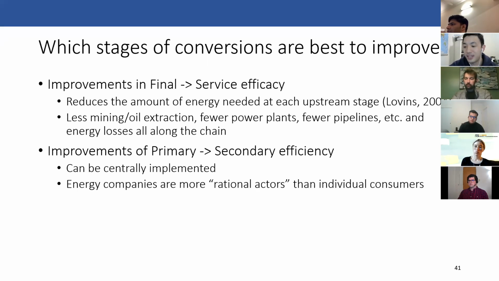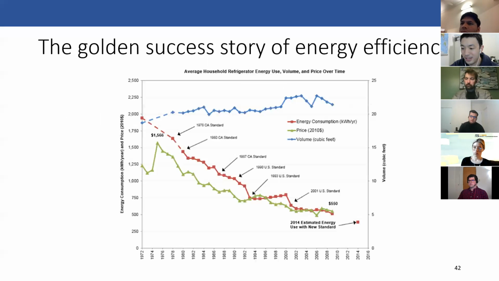One example that I always like to point out as the golden success story is refrigerators. Refrigerator technology is the thing that all other energy efficiency technologies wish they could be.